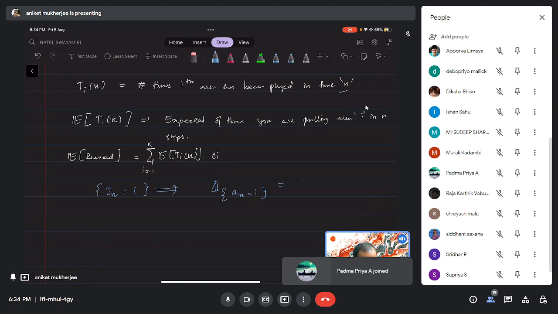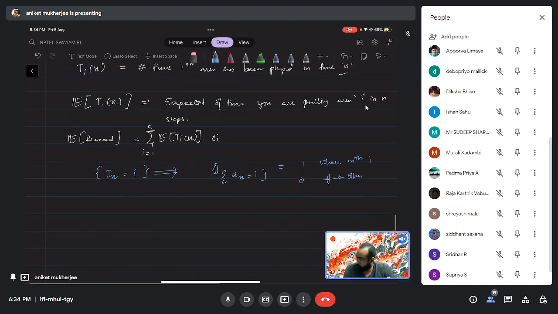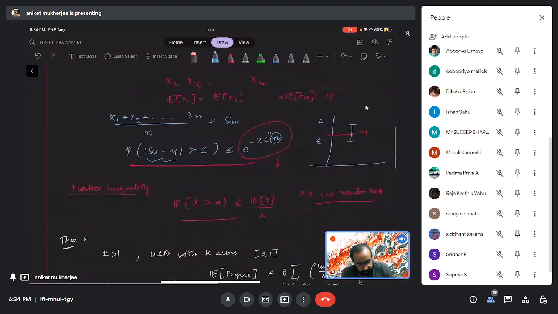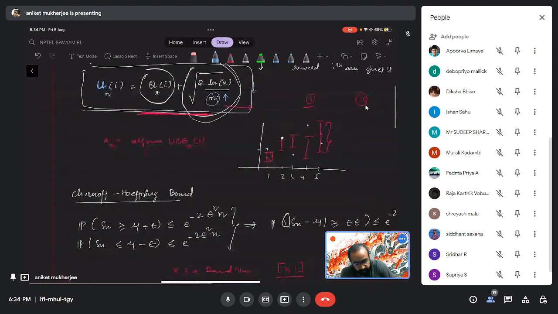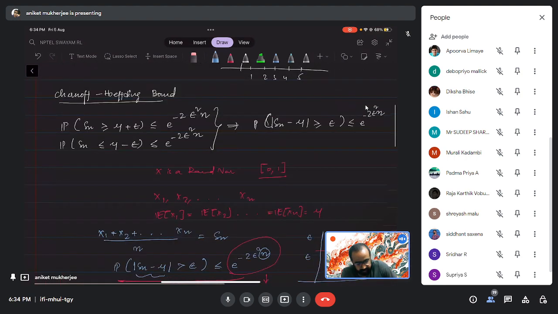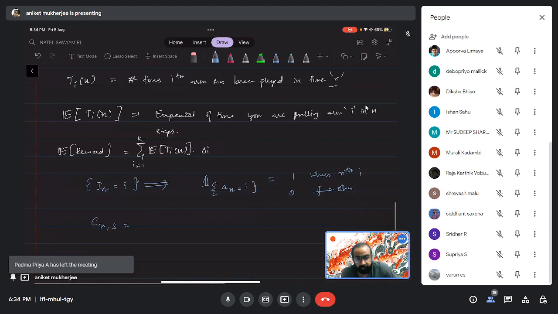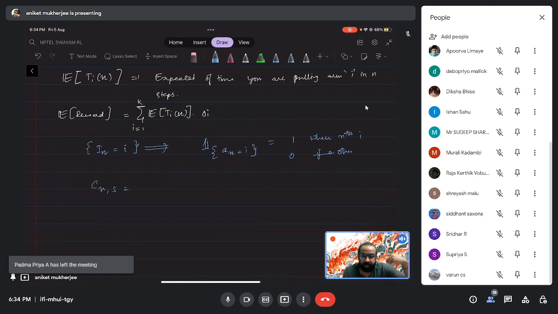This gives you 1 when on the nth time you pull the ith arm, and 0 otherwise, if another arm is pulled. This is what sir used in his notation, and sir put this UCB limit as C_{n,s}, because the theorem assumes that you are following the UCB algorithm.